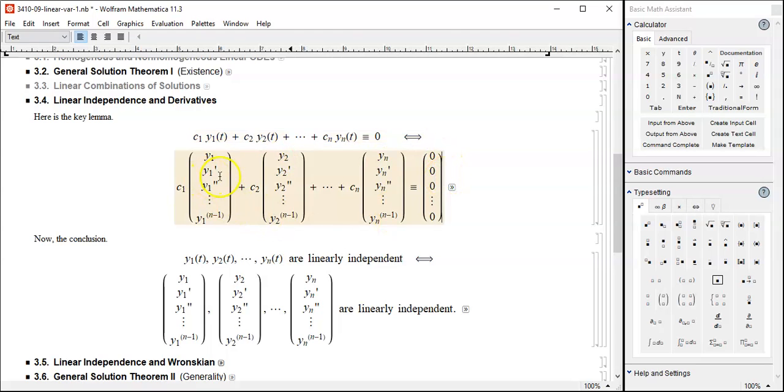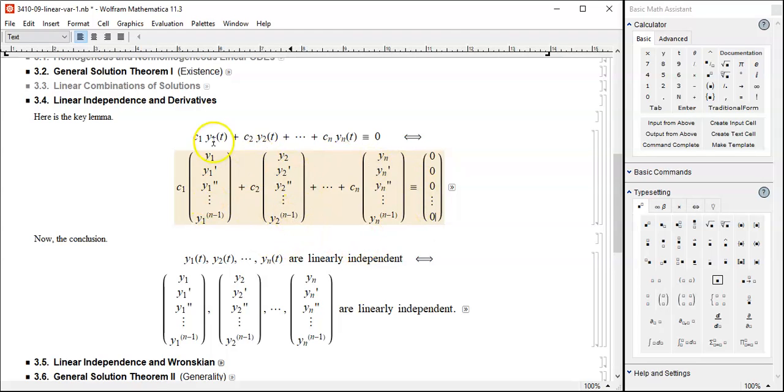The question is, what about the other components? Also, take it vice versa. If this matrix expression is true, then certainly it is true for all components. True for the first component, the first line, true for the second line, true for the third line, true for the fourth line, all the way over to true for the nth line.